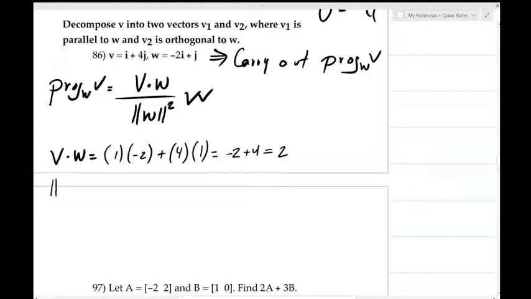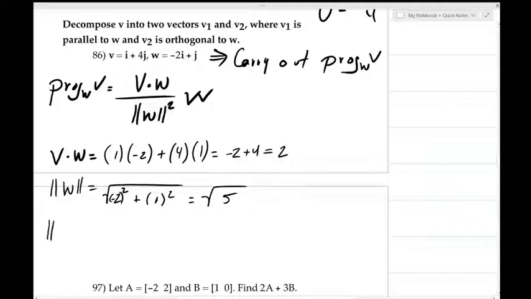The magnitude of w will be equal to the square root of negative 2 squared plus 1 squared, which equals square root of 5, and then the magnitude of w squared will be square root of 5 squared, which is 5.